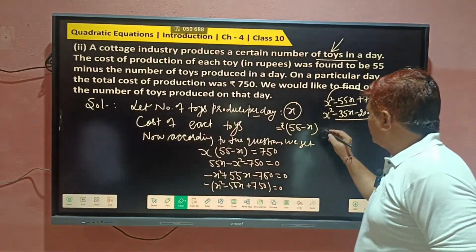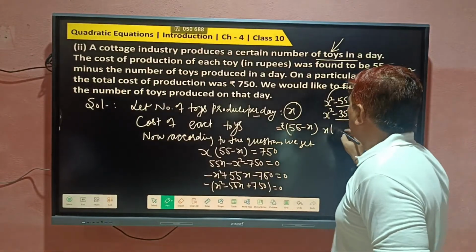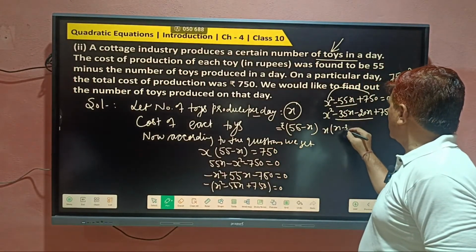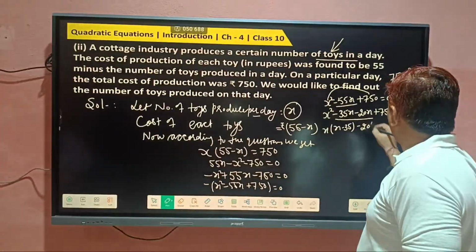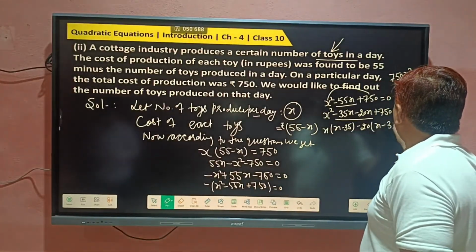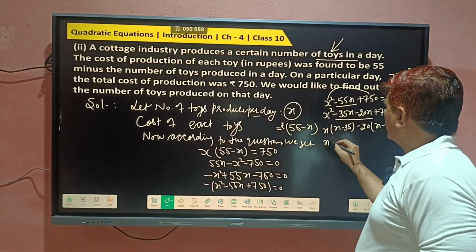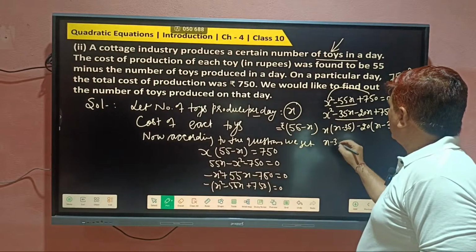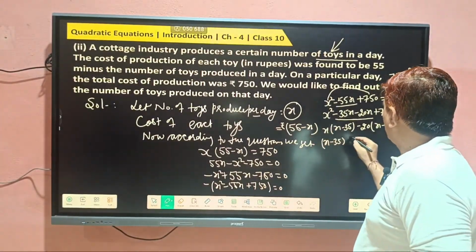So you can solve it. How can you solve? We can take it like this. We have taken x common from this, so x minus 35 is here. Minus 20 we have taken, so x minus 35 equal to 0. X minus 35 is common, so how much is left?